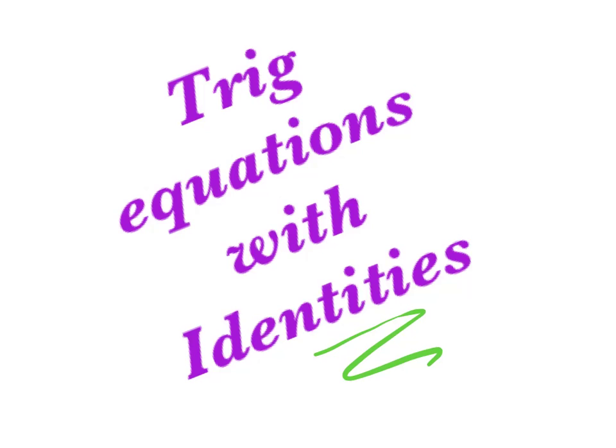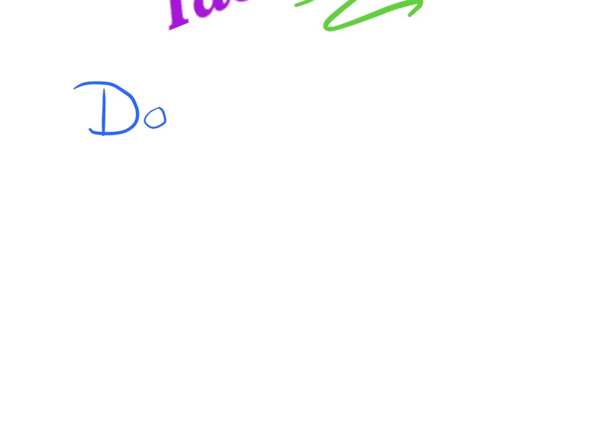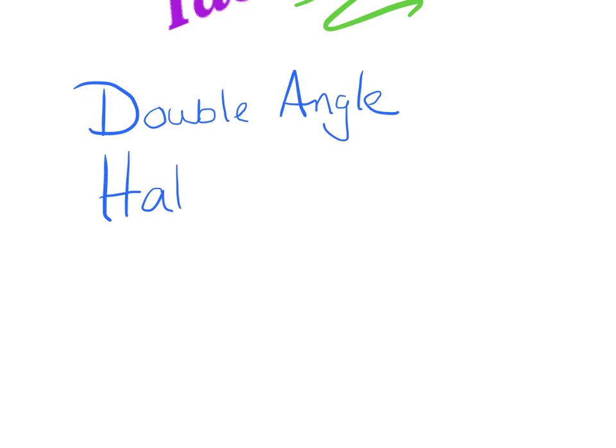Our topic today is trig equations with identities. So when I say identities, what exactly am I talking about? Well, first, we have the double angle identities. And we have the half angle identities. And these are nice because they're actually given to us on our reference sheet, so go ahead and take that out.